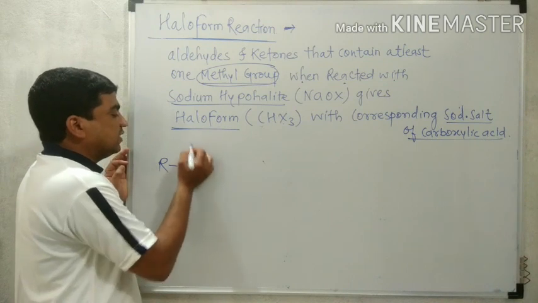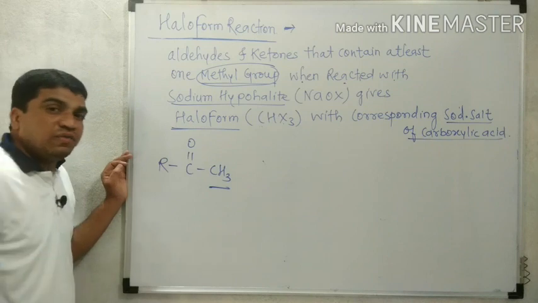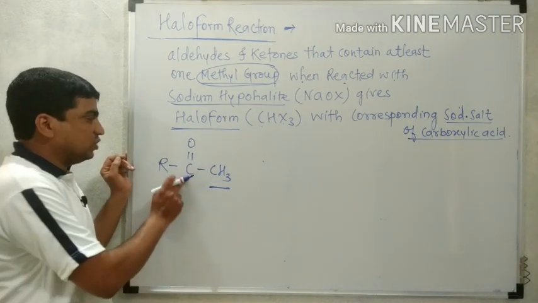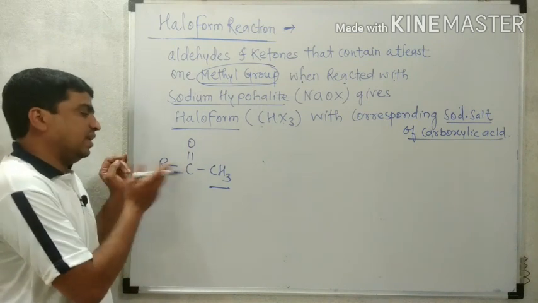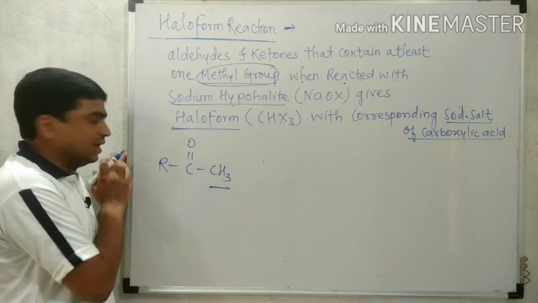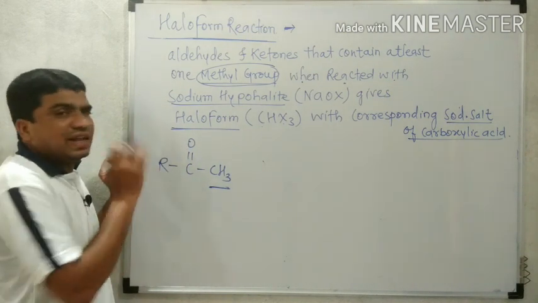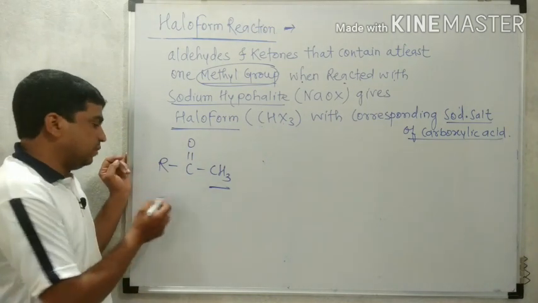The general reaction is RCOCH3. We want at least one CH3 group, that is a methyl group, attached to the carbonyl carbon. If R is hydrogen, then this formula is for an aldehyde, and if R is any alkyl group, methyl, ethyl, or propyl, then the formula is for a ketone.